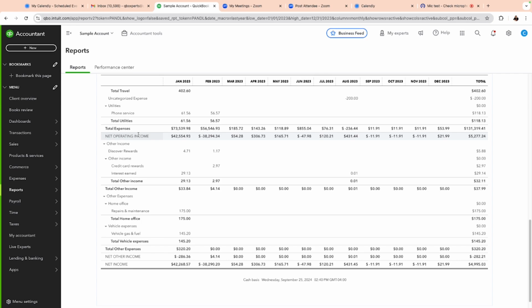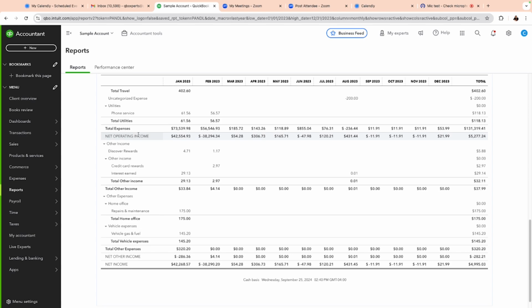So that is the horizontal analysis. You're just comparing your numbers to yourself, verifying how your business is doing through several accounting periods. You can compare through the years, through the months, and so on.